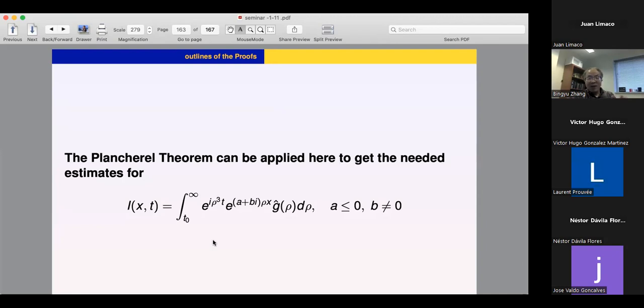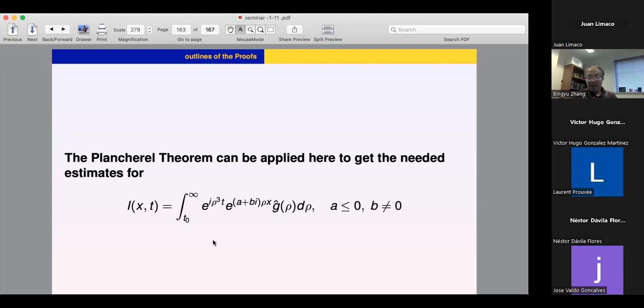Although it's technically involved, with quite a few terms, we do have an explicit integral representation, to which we can apply the Plancherel theorem to get the sharp Kato smoothing property.